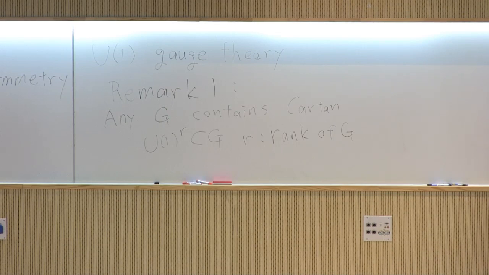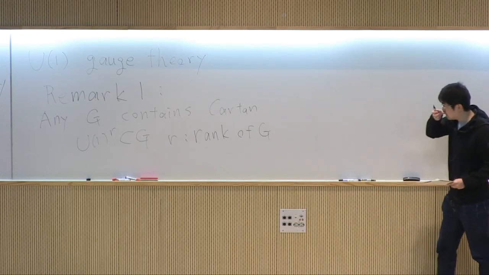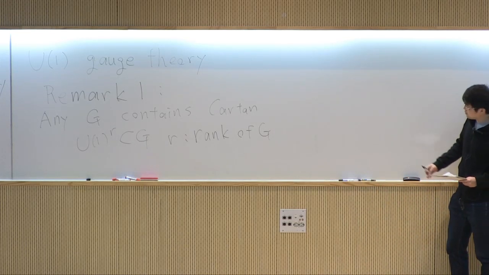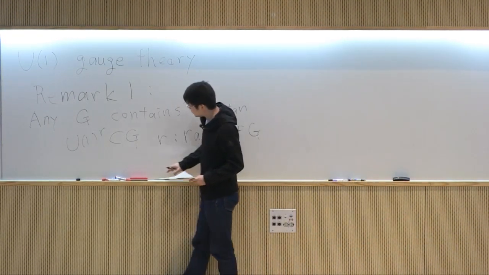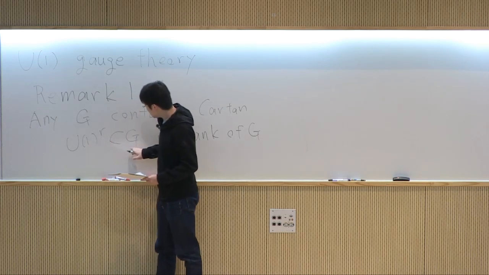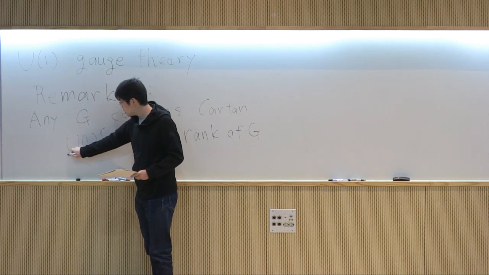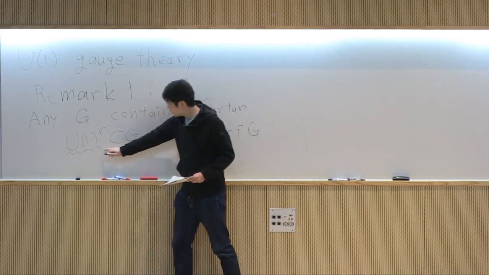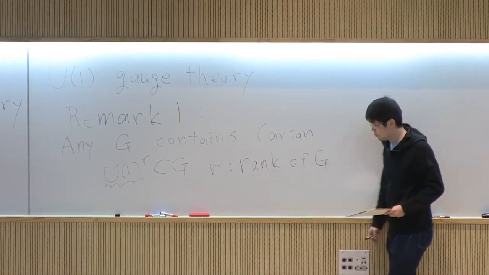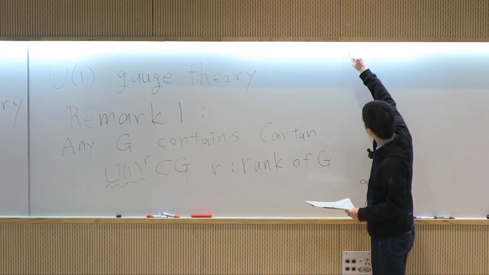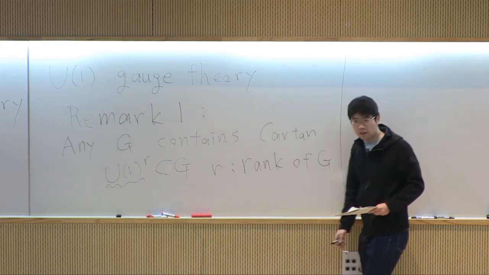I think this is familiar from learning Lie algebra, for example explained in Georgi's book on Lie algebras. Some properties of this non-abelian gauge group are contained in this Cartan subalgebra. So if we understand this U(1) case well enough, then we can also understand the non-abelian gauge groups. This is the reason that I discuss this U(1) case in detail.